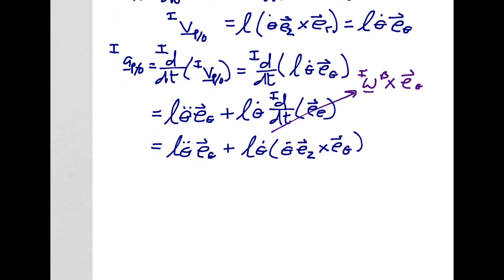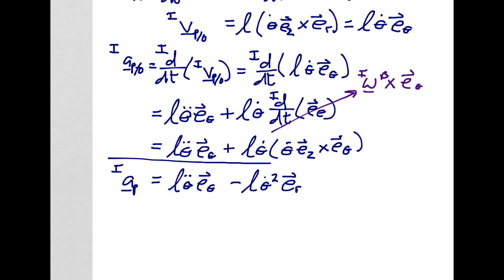Continue with the algebra, and we get that this is L theta double dot E sub theta. And then we have L theta dot, and it's theta dot multiplied times theta dot, so it's theta dot squared. And then EZ crossed with E theta gives us negative E sub r. So it's negative E sub r. And so here's our expression of our acceleration of point P within the inertial reference frame.